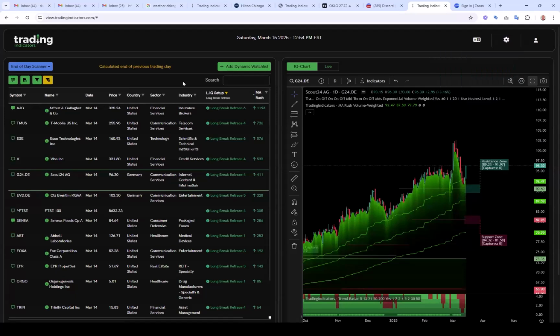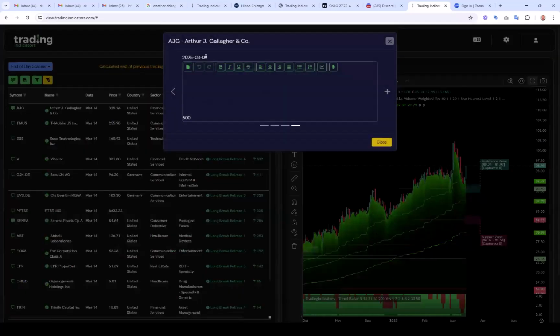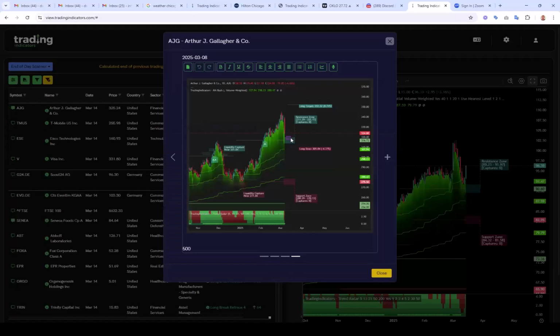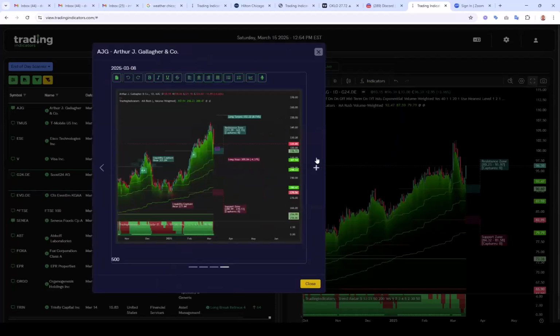Once enabled, you see this little notes symbol here. And if I click on AJG, you can see on March 8, we took exactly the screenshot with our entry price right there. That was on March 8. And guess what? I'm going to add another screenshot for today because this is one of our stocks that we're going to consider as well once we go to our hot list.